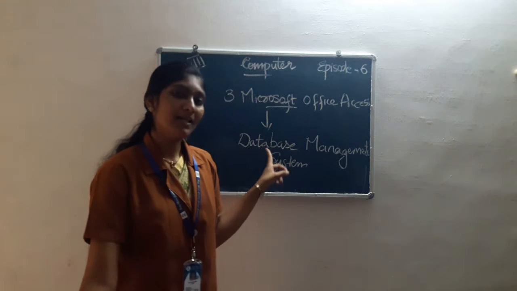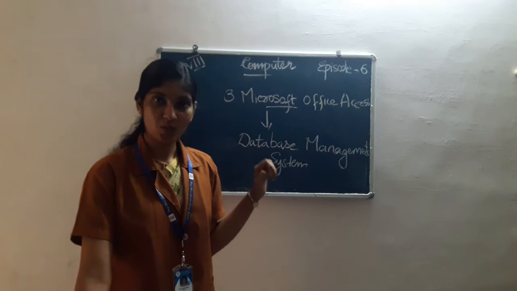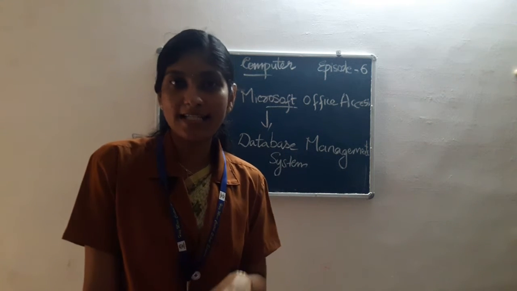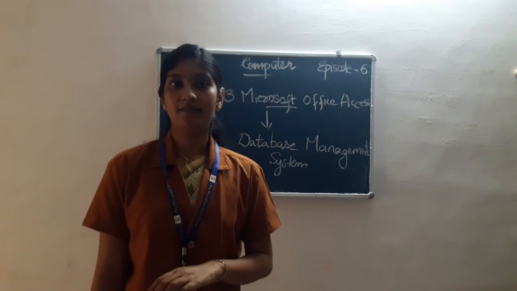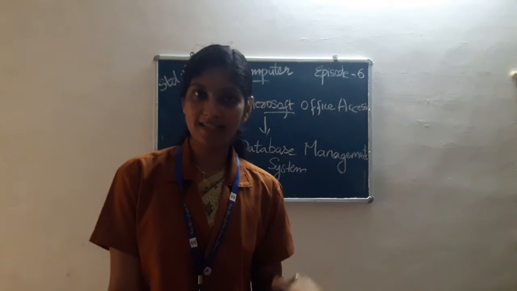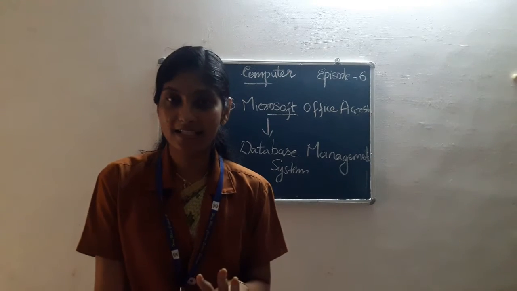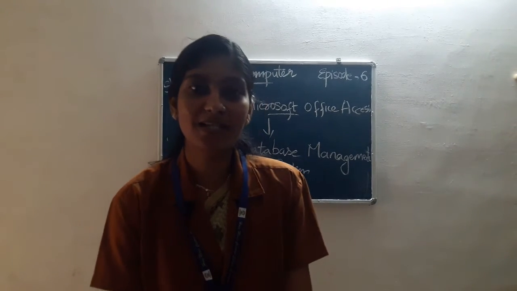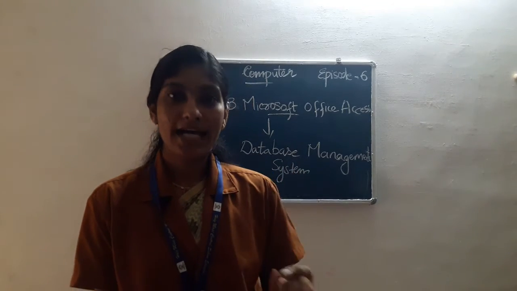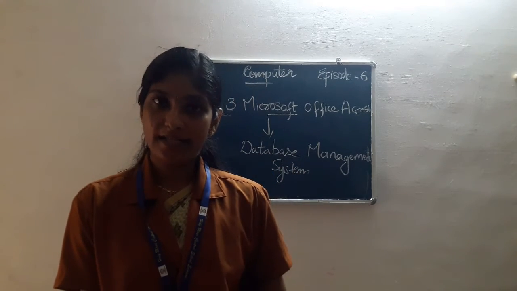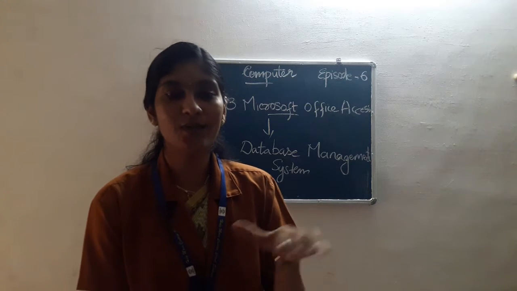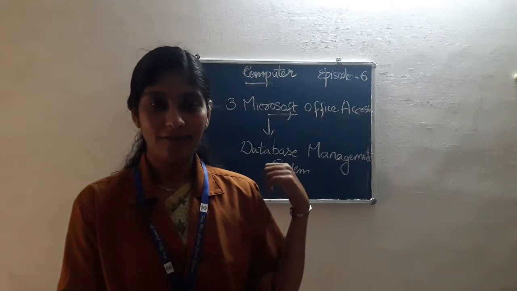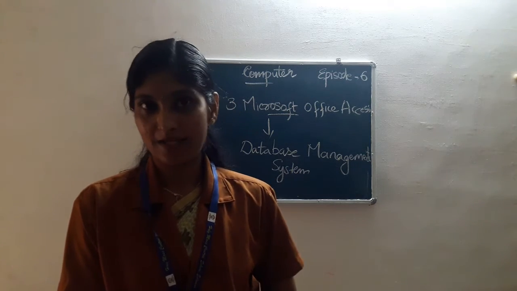So this database management system is used to store or collect the data, and to analyze, report or reference the data. Those are the uses of a database management system.